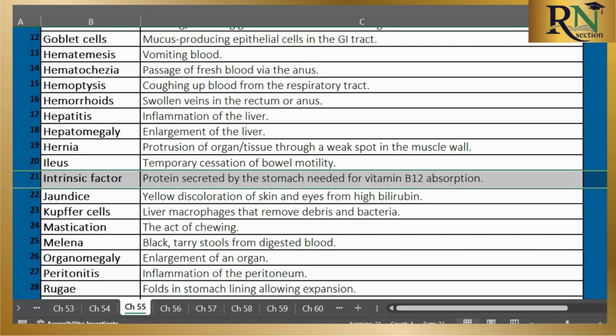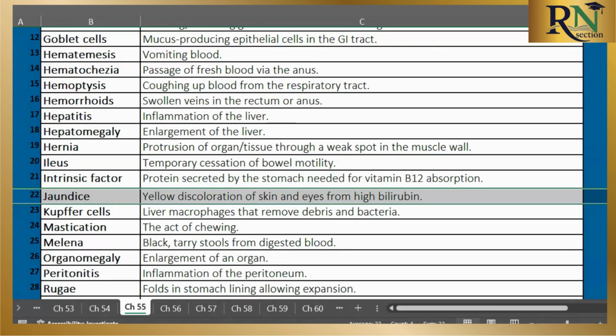Intrinsic factor: protein secreted by the stomach, needed for vitamin B12 absorption. So intrinsic means inside, helping with vitamin B12. Jaundice: yellow discoloration of skin and eye sclera from high bilirubin.